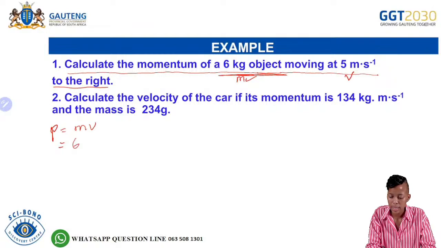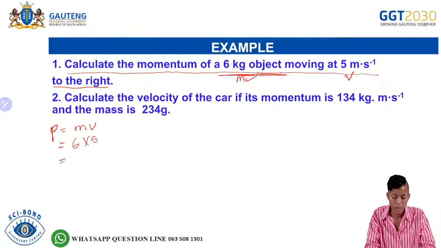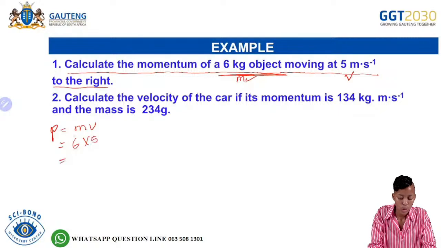And then it says it is moving at a velocity of 5 meters per second to the right. So our velocity is given as 5. So therefore you then take your calculator and multiply the 6 times 5. What does it give you there? Your momentum is therefore going to be 30.